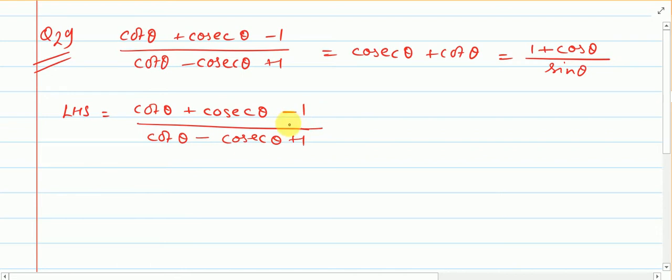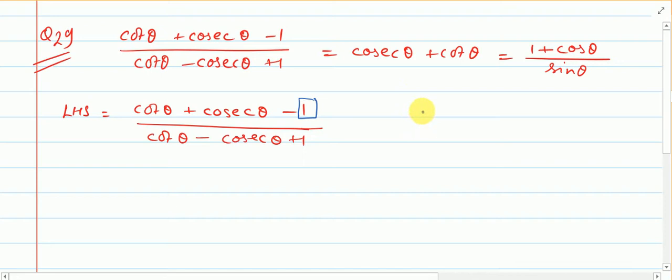Here one trick is there. This is quite different from the sums we have been doing till now. Here you can see 1 is there. So what we can do is, here we have 1 and here we have cot theta, cosec theta.